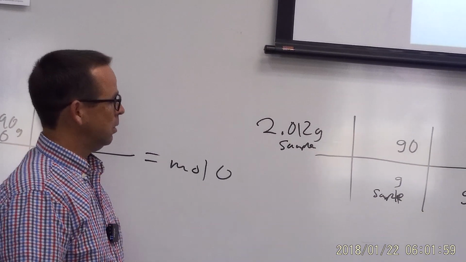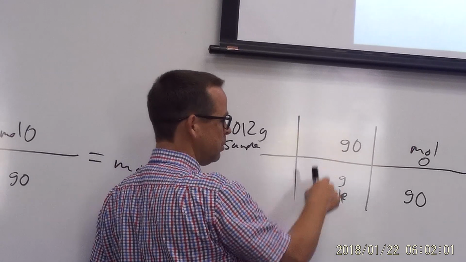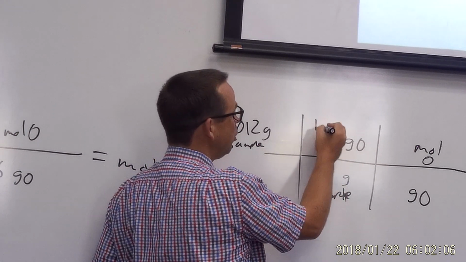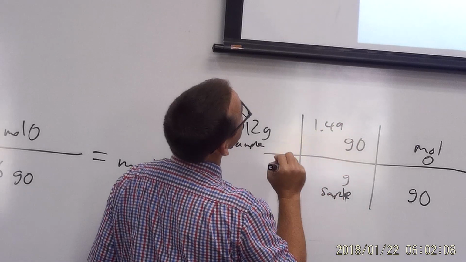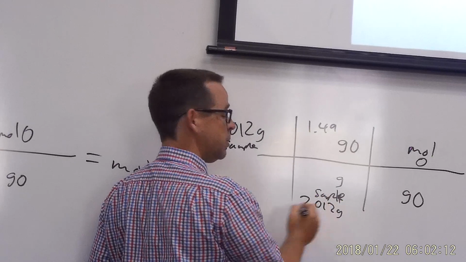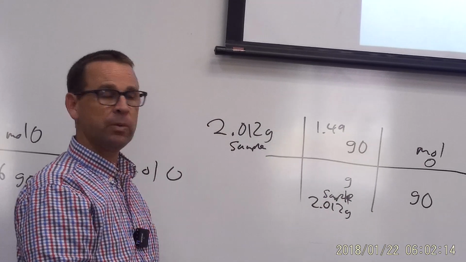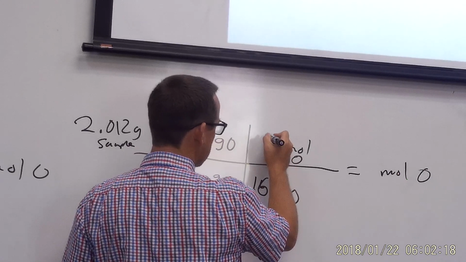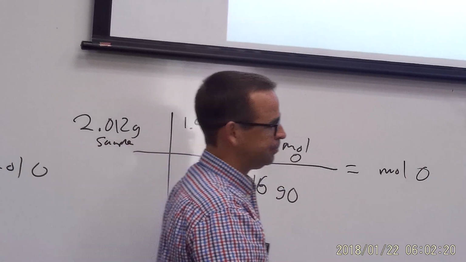Right? How many grams of oxygen per gram of sample? 1.49 grams of oxygen for every what? 2.012 grams of sample. Right? And over here, it's again 16 grams of oxygen for every 1 mole of oxygen.